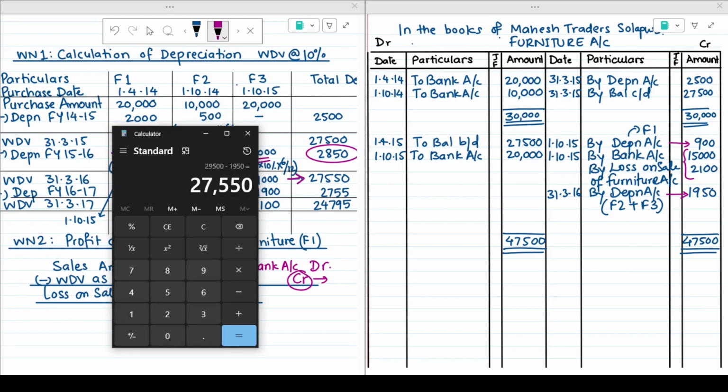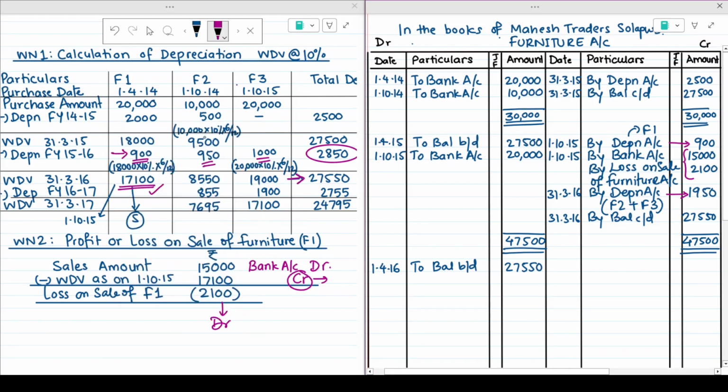That will give the balance of 27,550 at the year end by balance closed down. The next day we will carry this amount forward to balance brought down 27,550. This amount matches with our working also 27,550.